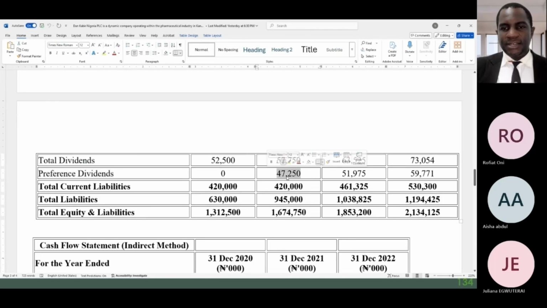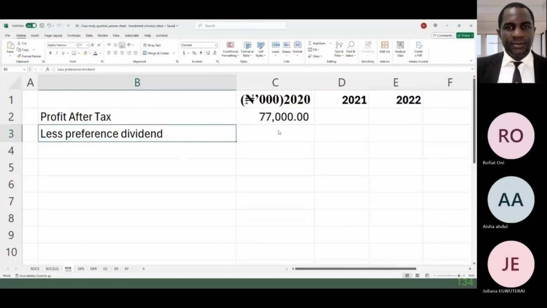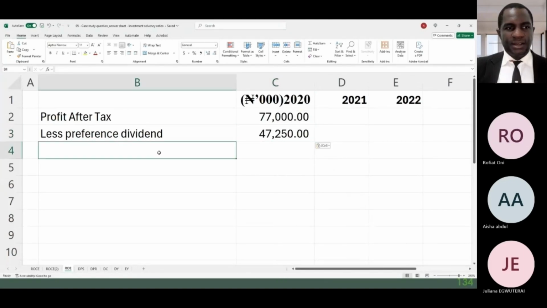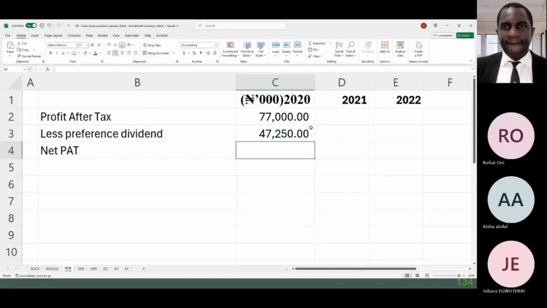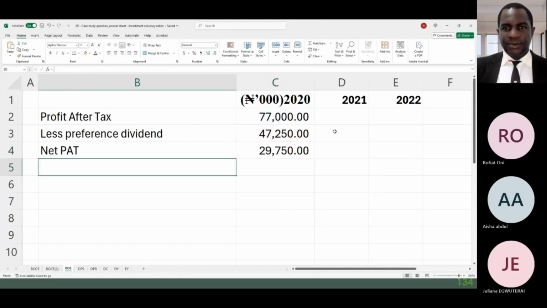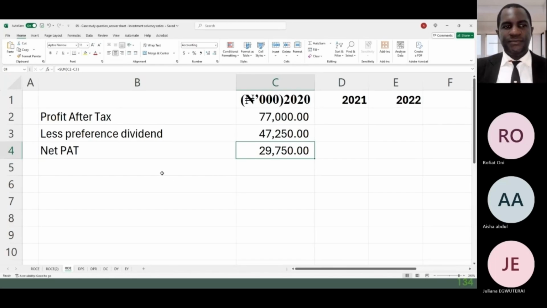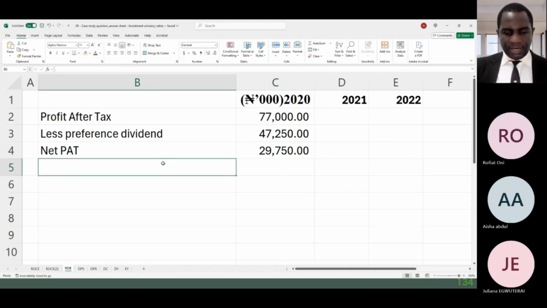So 47,250 million is your preference dividend. So we go and we less it, and we have our net profit after tax, 77 minus 42. So we have 29,750 million as our net profit after tax.